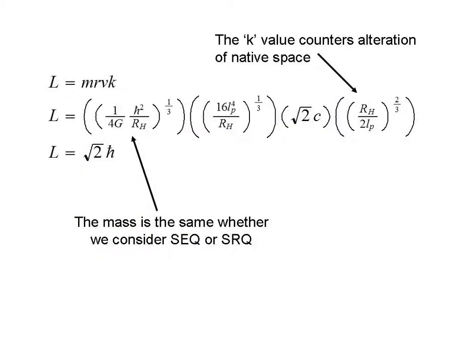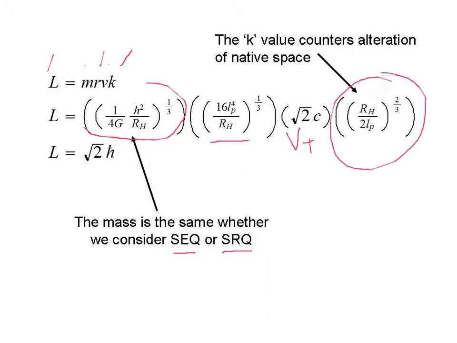So using our equation of the angular momentum equaling the mass, the radius, the velocity, times the moment of inertia constant, k, we can insert our mass, which is the same whether we consider the SEQ or SRQ, times the particle radius, times our tangential velocity, times the k factor. And the result is the angular momentum is equal to the square root of 2 times h bar. Angular momentum is conserved.